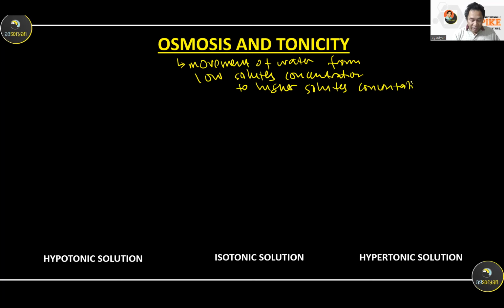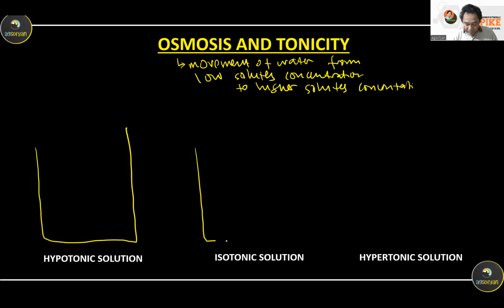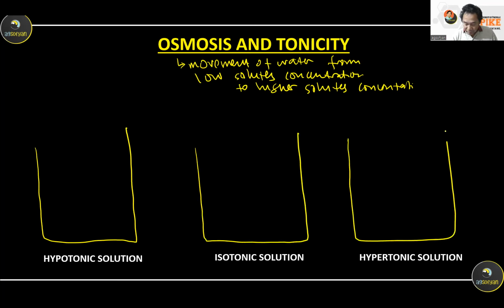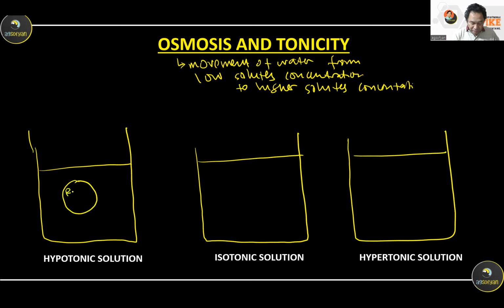Now let's say we're going to use red blood cells, for example. Let's say we have 3 containers like this, and we put solution in them. Then we put red blood cells in each.